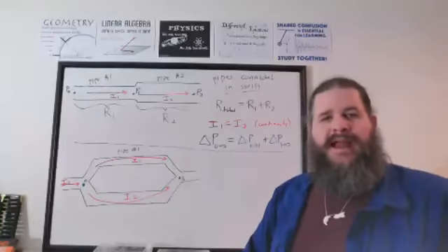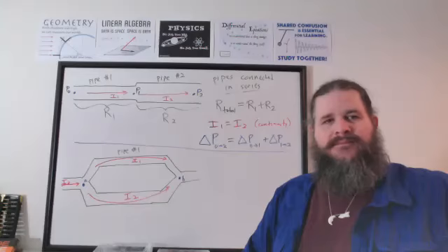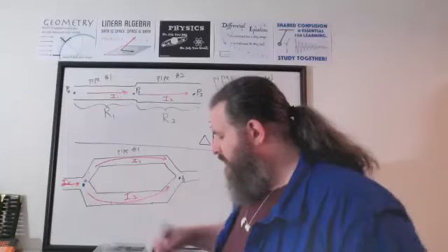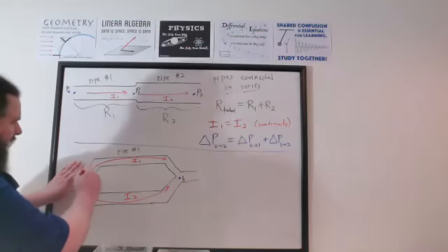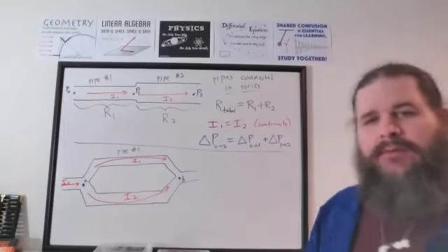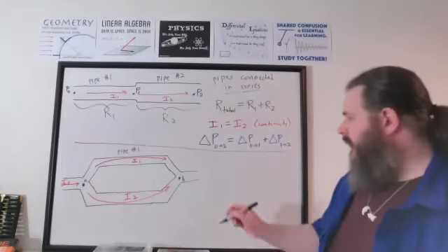And what's the current flowing out of location A? I0, but it's split. If we ignore what's happening before A, we've got I1 and I2 flowing out. So I1 plus I2 has to match the current flowing in, I0.